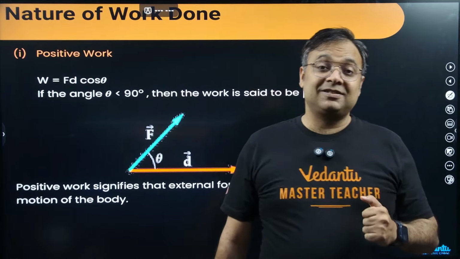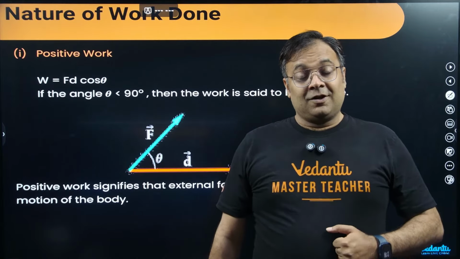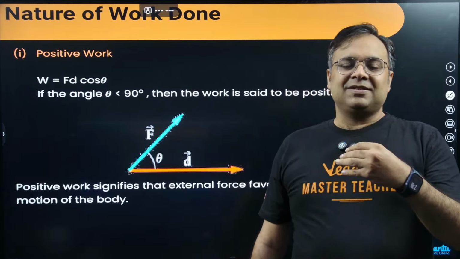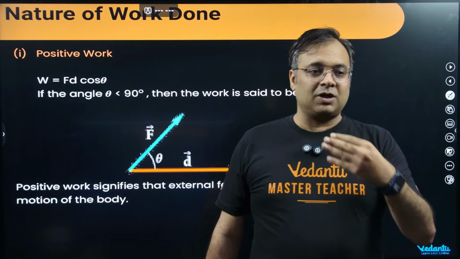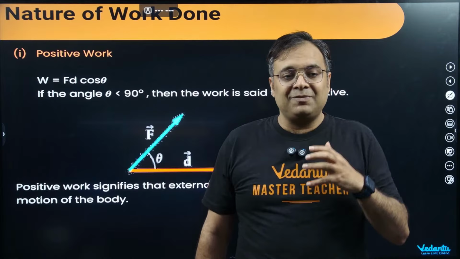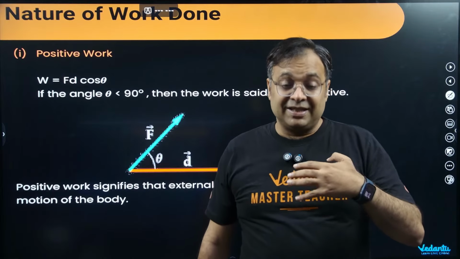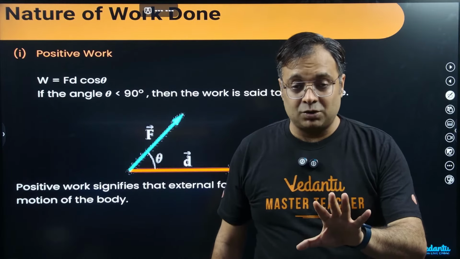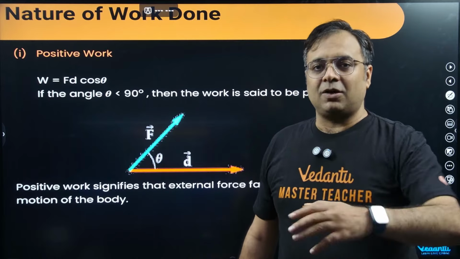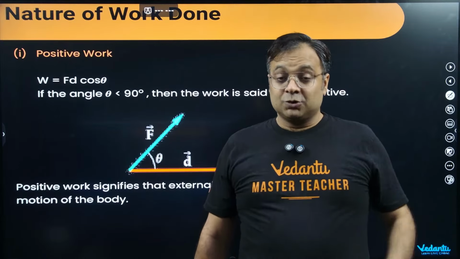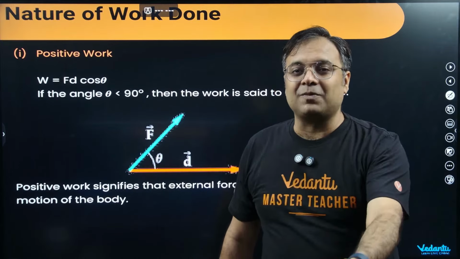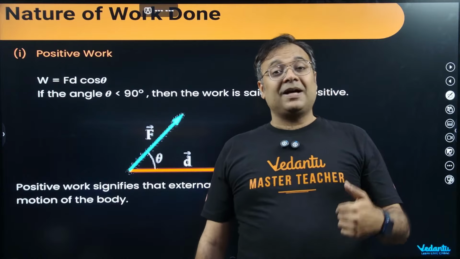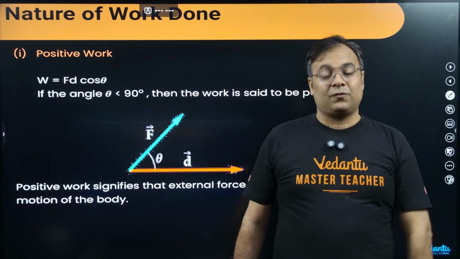So the physical feeling is, when the work done by a force on a particle is positive, it physically means that energy is being transferred to that body by the agent who is applying the force.